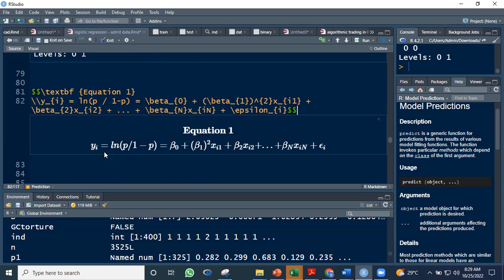Yung y natin dito, ito yung equation natin. Our y is... may square dito. Pakitanggal nga guys yung square dito.